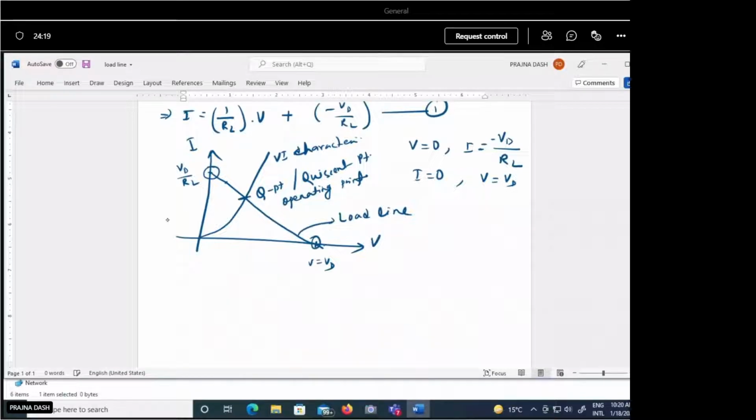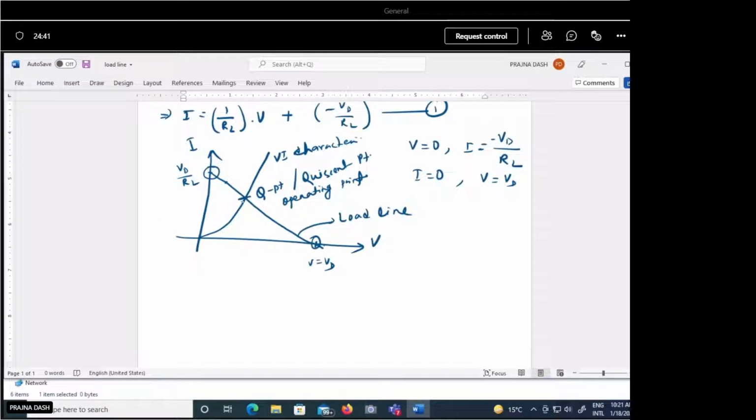That means at this point the diode is operating in your circuit. According to the position of the Q point, the signal behavior will change, which we will discuss when we discuss the transistor. There, if the Q point is moving, then how the operation of the circuit will change.